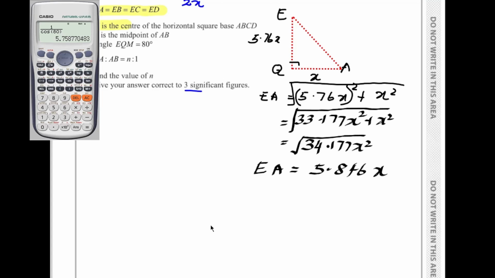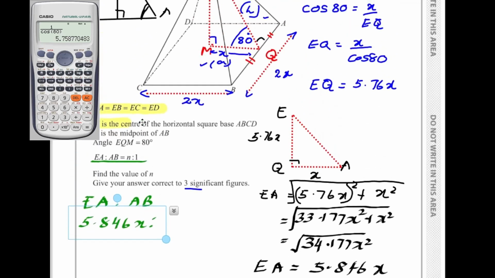Now EA, we are asked to get EA to AB. Then only we can get it, and let's write EA to AB. EA is this one, 5.846x. AB, I got it as this. When we started it, we introduced AB as 2x.